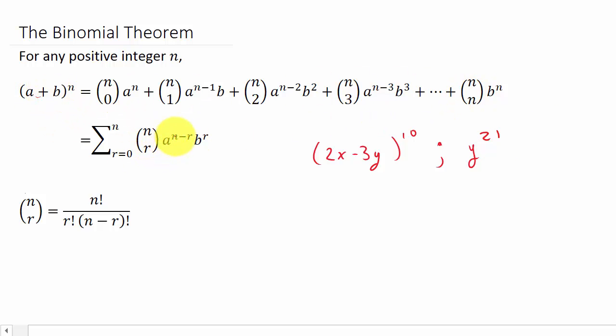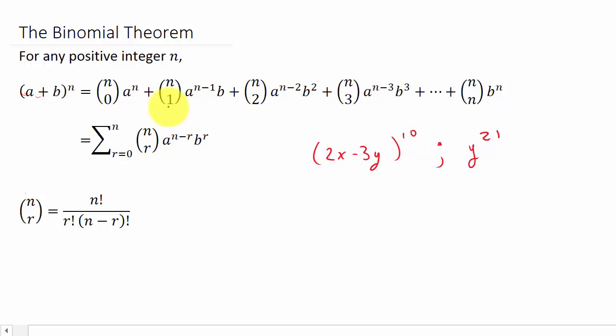Alright, so let's look at this. This is the same thing, it's just a more condensed way of writing this. So here we have n, which in this case is 10. We have a, which is 2x. We have b, which is, see how it's plus b? We have minus, so b would be negative 3y.